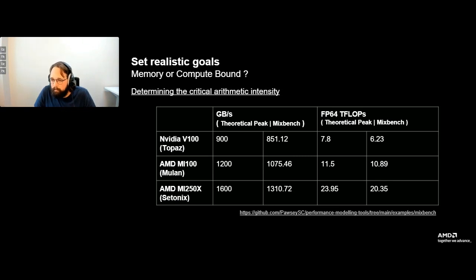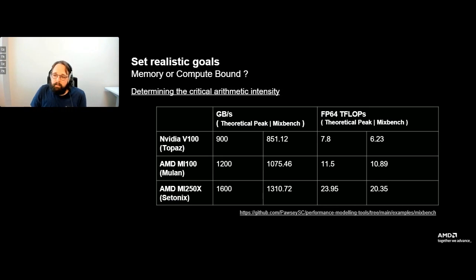Usually when I'm trying to set realistic goals, I use the numbers that come out of the microbenchmarks, because they're going to be more in the realm of possibility for my code. And of course, I like seeing a higher percentage of peak performance when I'm looking at a code. It feels a little bit better. But in reality, this is the realistic upper bound you can expect for that kind of performance.